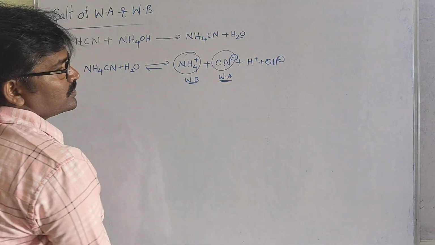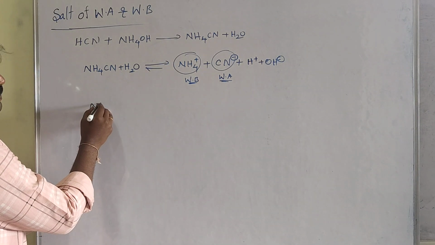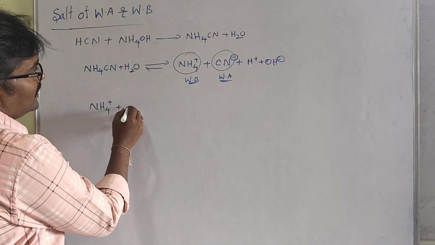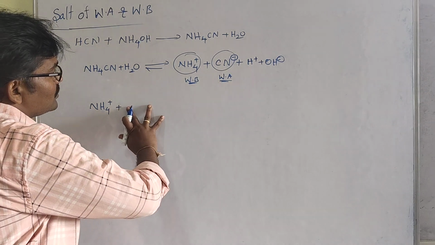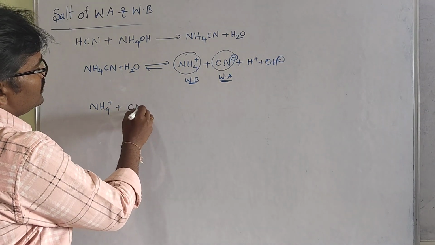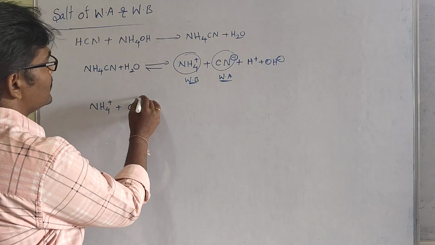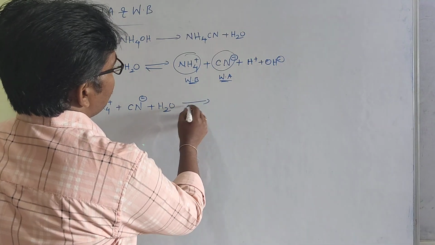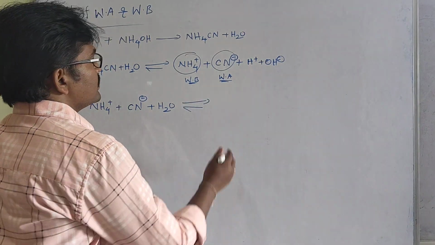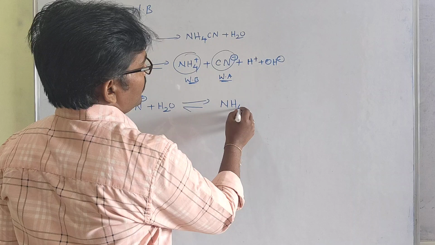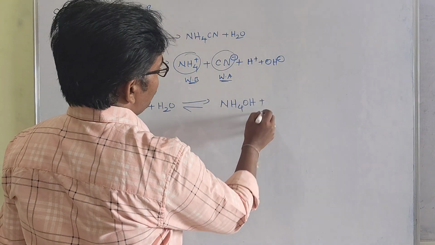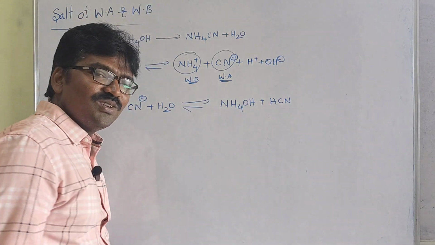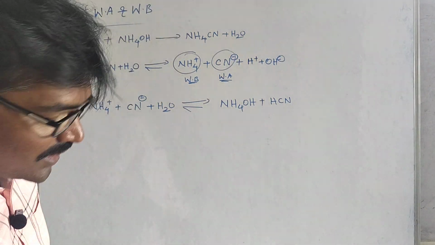Both weak parts. So NH4 plus is going to hydrolyze, and CN minus is going to hydrolyze. When it reacts with H2O, what will be formed? NH4OH plus HCN will be formed. Observe it carefully.